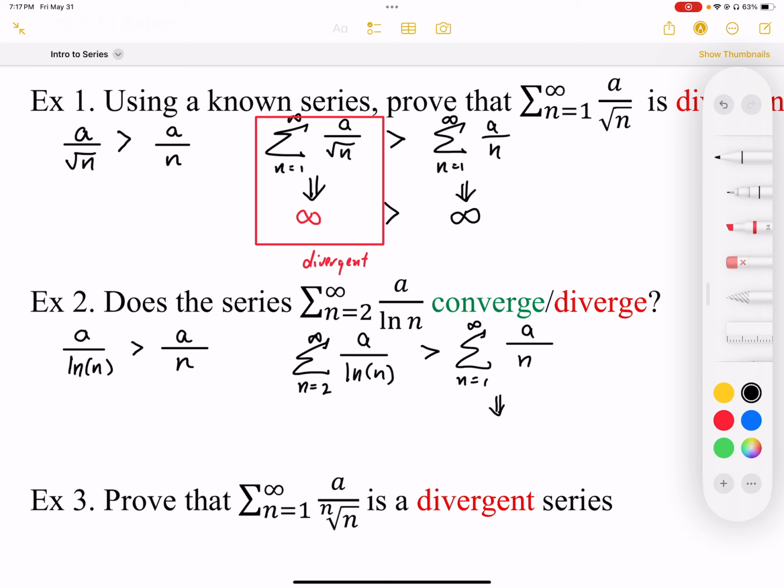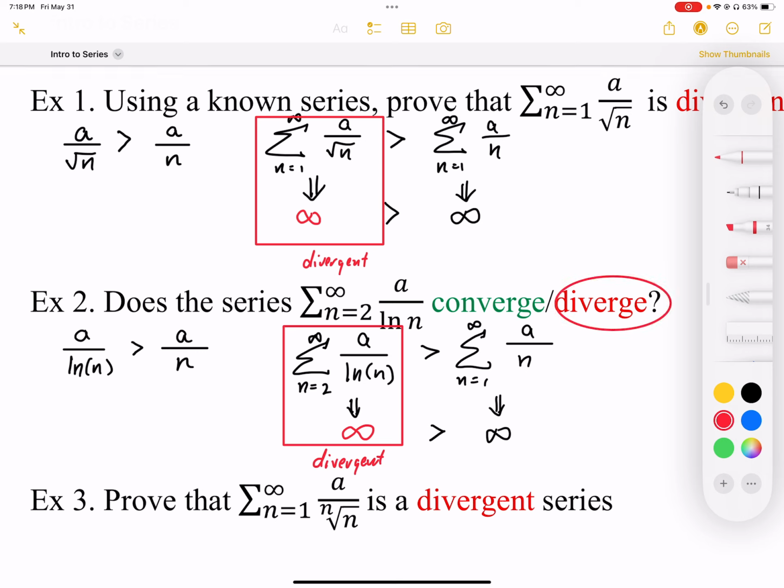And we know that, again, this is infinite. So we can conclude that the sum of the series in question is also infinite, and then conclude that this series must be divergent. Again, this is a term-by-term comparison, comparing it to another diverging series.